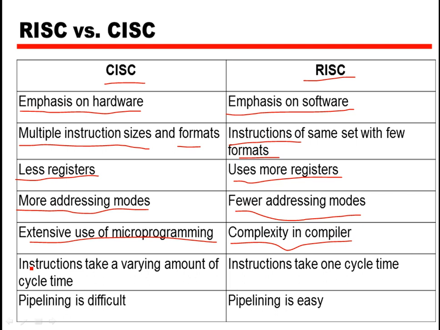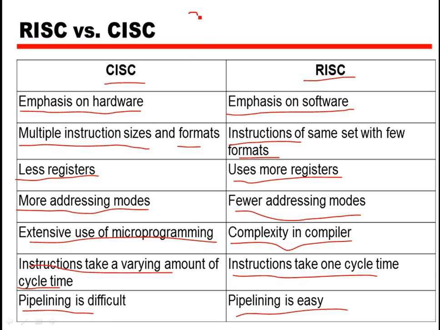Instructions take a varying amount of cycle time because we have complex instructions, so the execution time of every instruction can vary in clock cycles, and here in RISC one clock cycle is required to execute one instruction. In the CISC architecture, pipeline is difficult, and in the RISC architecture, pipeline is easy.